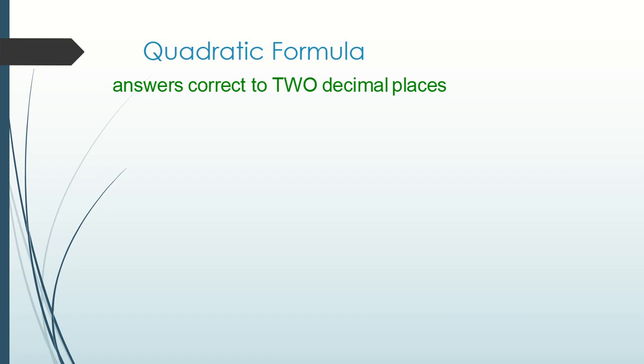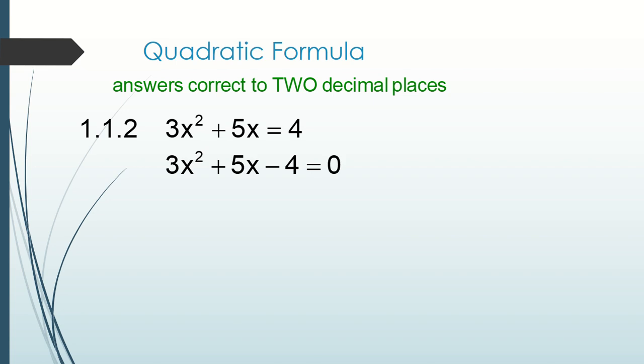The second question is a quadratic formula question. Very important to note that in this particular year, for your quadratic equation, you do not have standard form. So you transpose minus 4 to achieve your standard form.